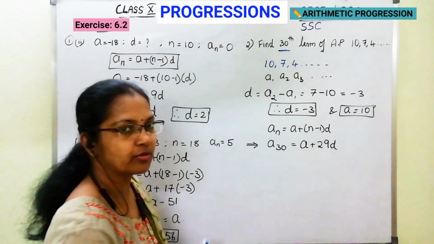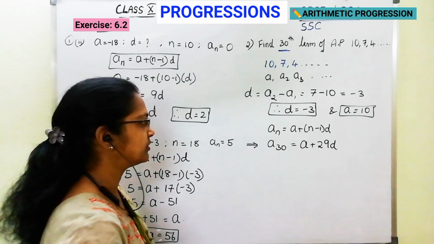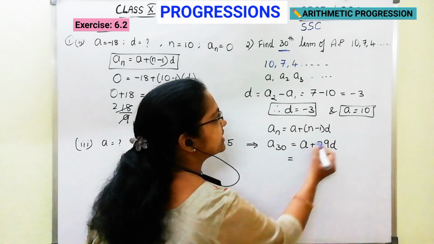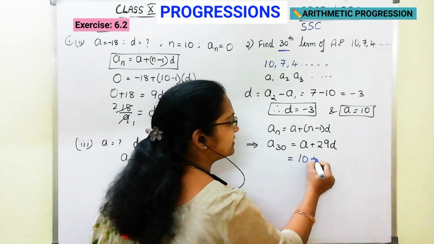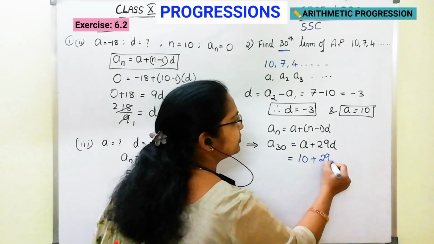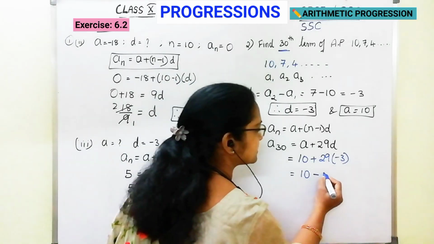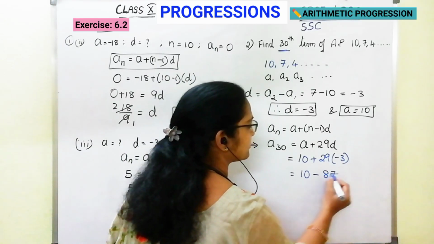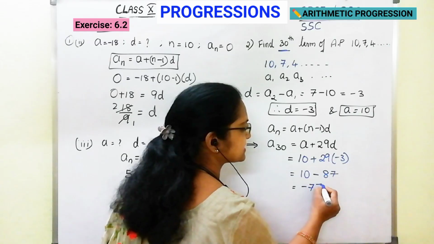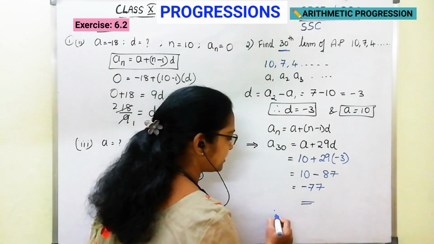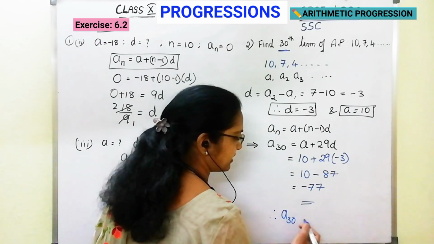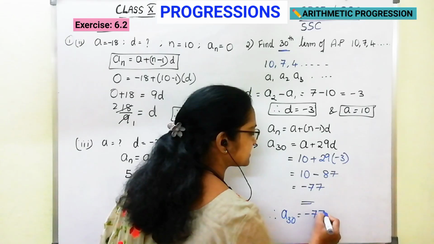When you substitute in the formula, you will be landing with 29D only. A30 we are calculating. A is 10. 29 into D value is minus 3. So this becomes 10 minus 29 3s are 87. So 10 minus 87 is minus 77. Therefore, the 30th term A30 of the given AP is minus 77.